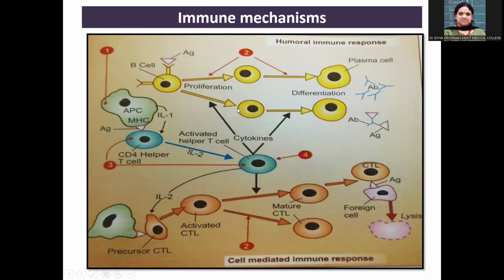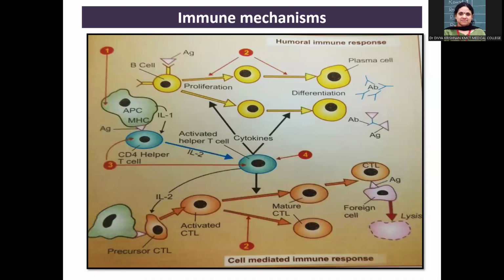These cytokines cause the proliferation and differentiation of antigen-activated B cells into plasma cells. Now, these plasma cells start secreting antibodies which bind to the antigens and inactivate them. This is about the humoral immune response.